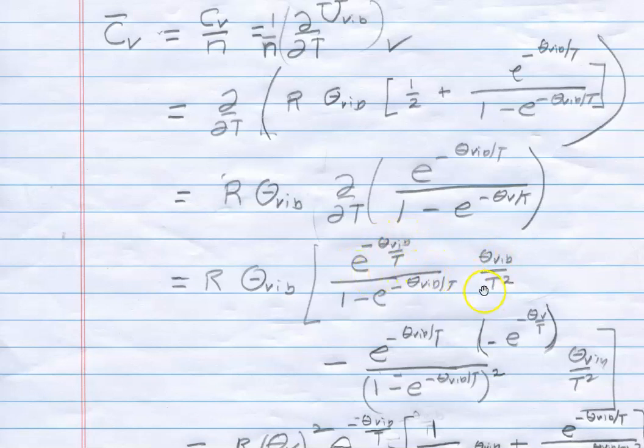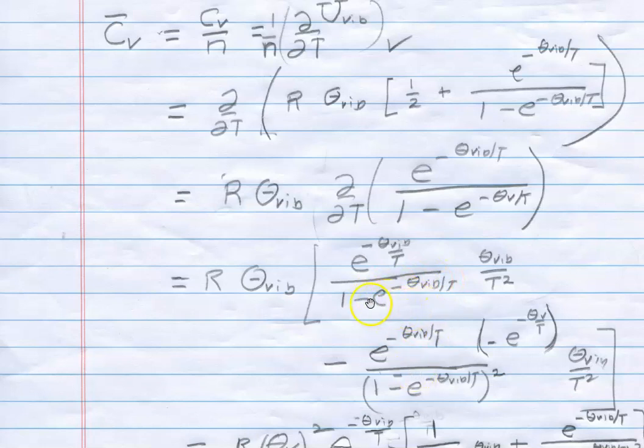So this is the derivative of what I would consider the first function, times the second function, which is 1 over this quantity here. And then I have the first function, that was this, times the derivative of this 1 over 1 minus e to the minus theta vibration over T. That's the derivative of the second function.